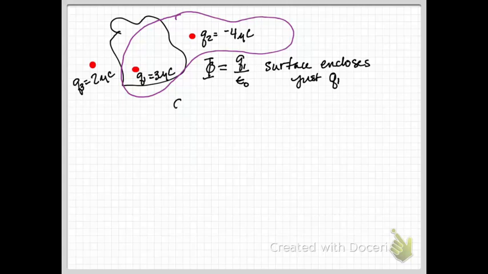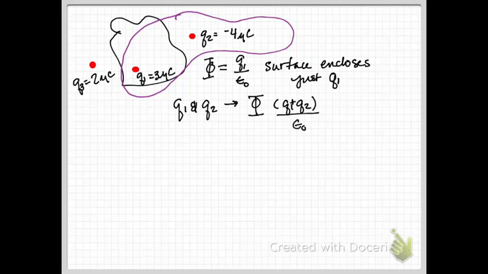So now we have Q1 and Q2, so you're going to have the sum of Q1 and Q2 over epsilon naught.